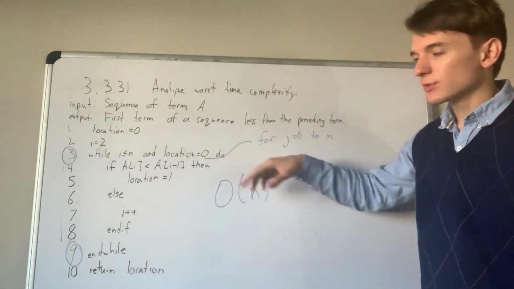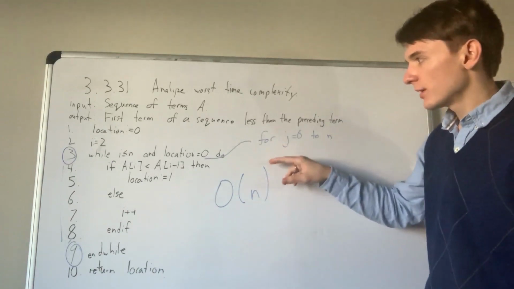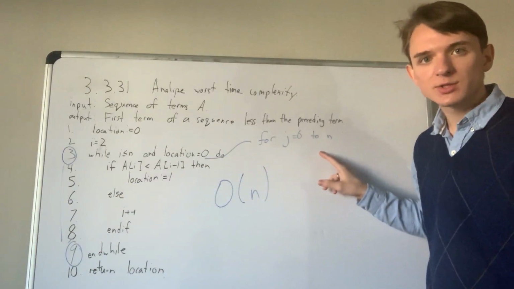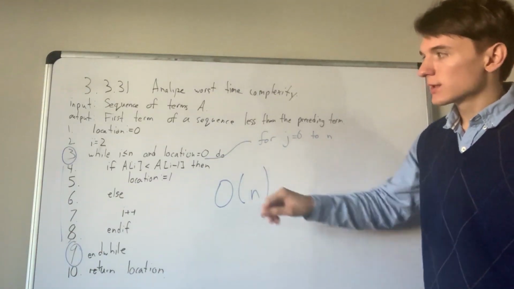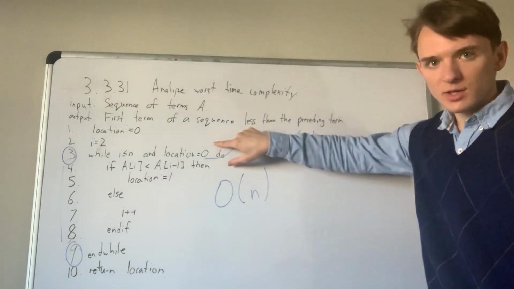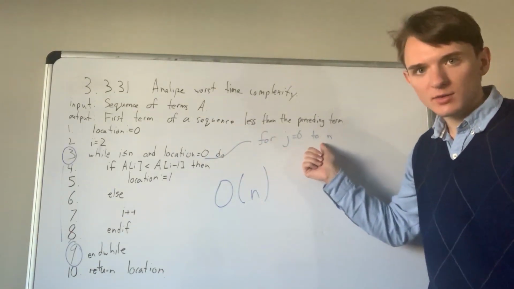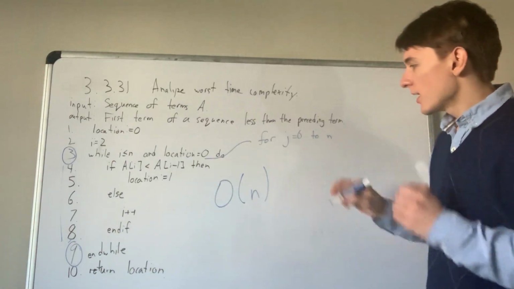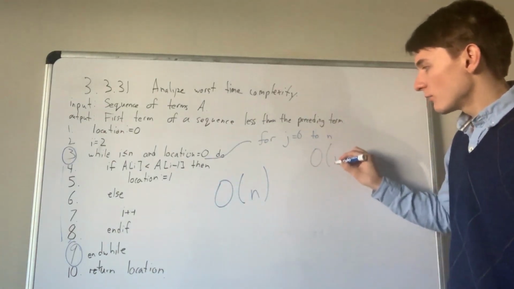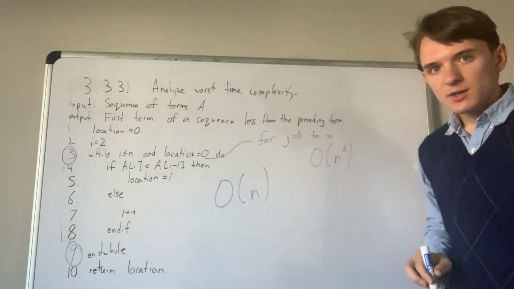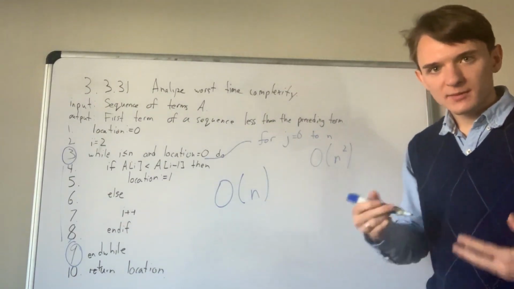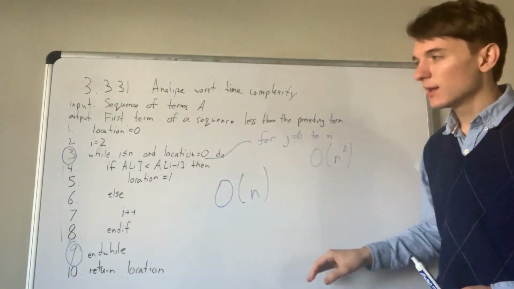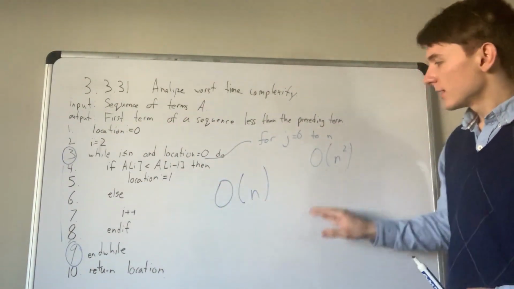The outer loop goes n number of iterations, and the inner loop goes n number of iterations as well. So in other words, for every n iterations, we have n iterations. And if we did have another loop within the outer loop, our time complexity would be n squared. So we have to multiply the time complexities. We didn't have to for this example, but if there were a loop within a loop, then it would have been n squared.